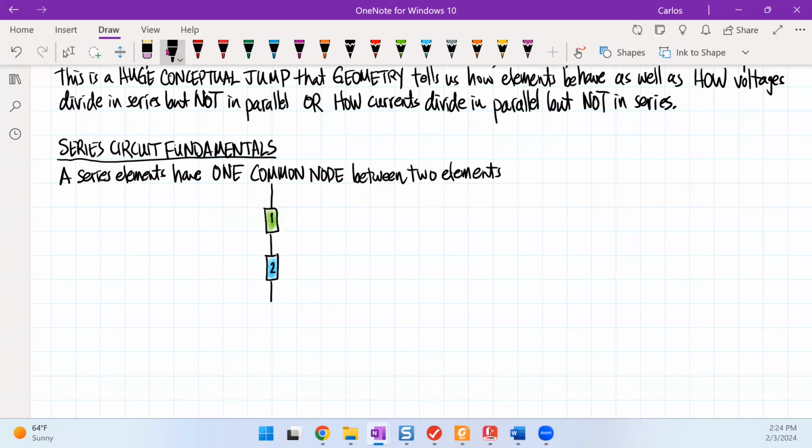How are these two elements connected? The way they are connected is we have one connection. This represents there's one node between two elements.